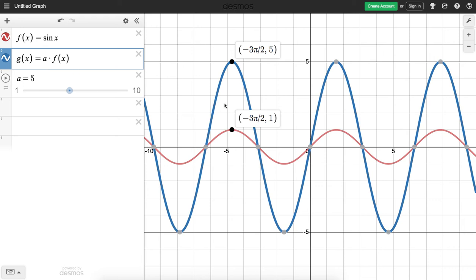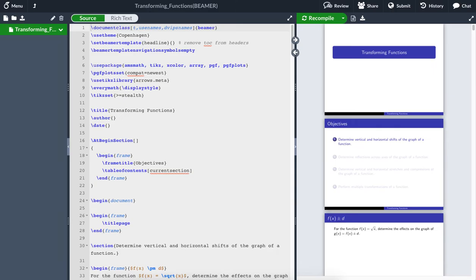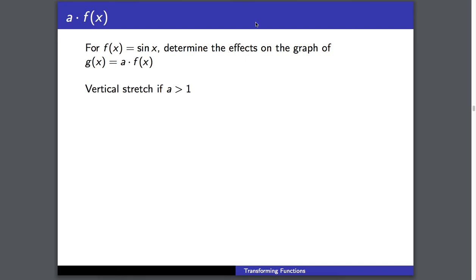So now all those y-coordinates are 5 times further away from the x-axis than they used to be. So it's a vertical stretch if we're multiplying by a number bigger than 1. And the value that we're multiplying by is called the factor.